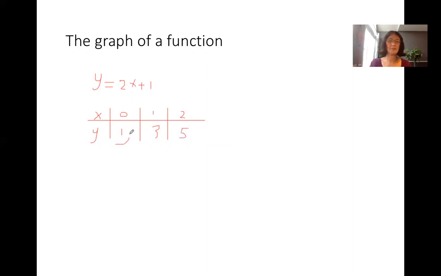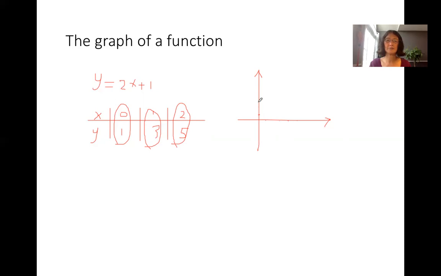And then you plot those points in rectangular coordinates. So you construct rectangular coordinates. Suppose this is 1, 2, 3, 4, 5. When x equal to 0, y equal to 1, a point is here. When x equal to 1, y equal to 3, 3 may be here.